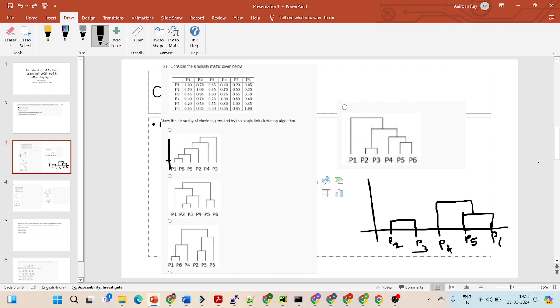So 0.75 is P4 and P3. So this is the one. And then we have 0.75, then 0.7, I think. 0.7.